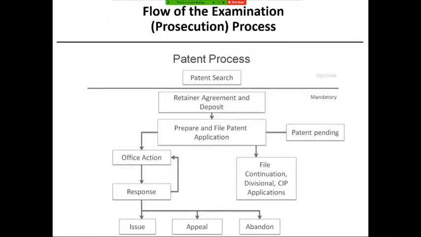Let's talk about the flow of the examination process. And this is a little flow chart I took from some law firm website someplace. And these are the steps that they have with respect to how the application process would flow. You'd start with a patent search, and you do this before you come up with your patent application to see if your invention is unique.